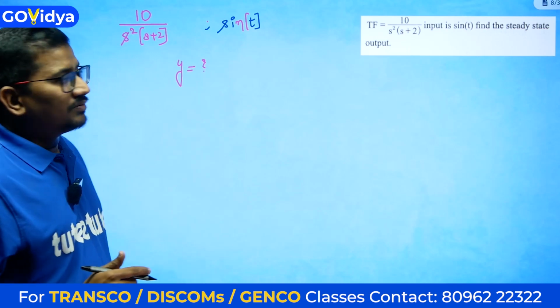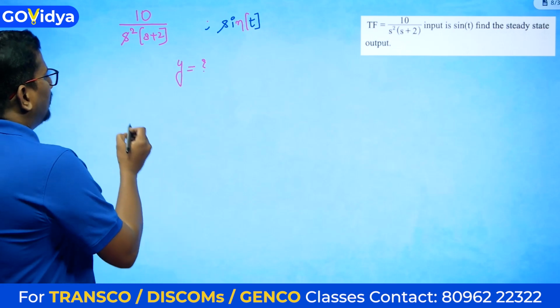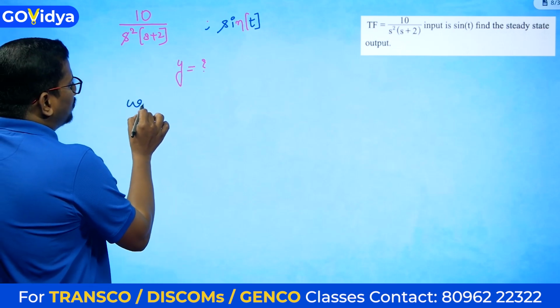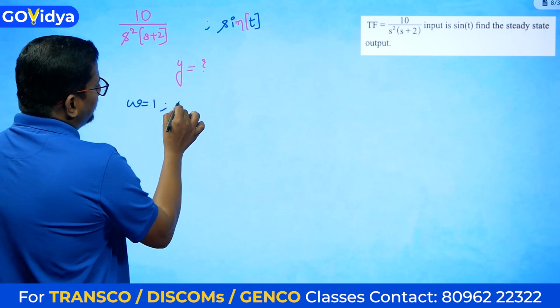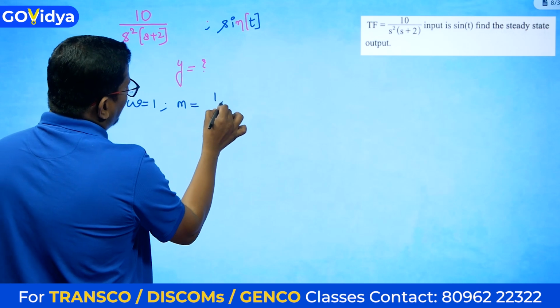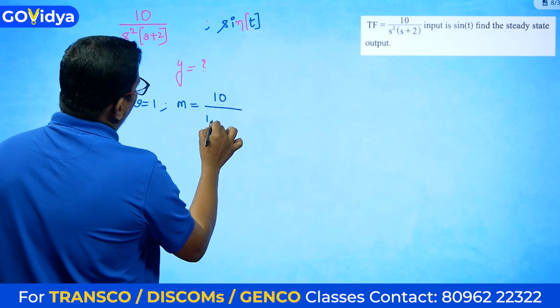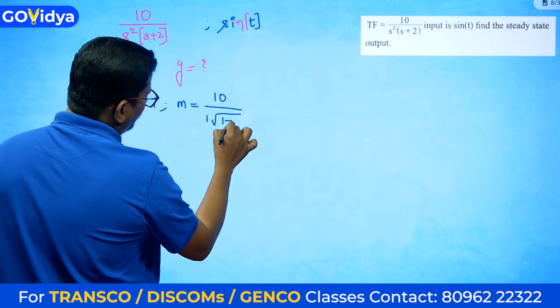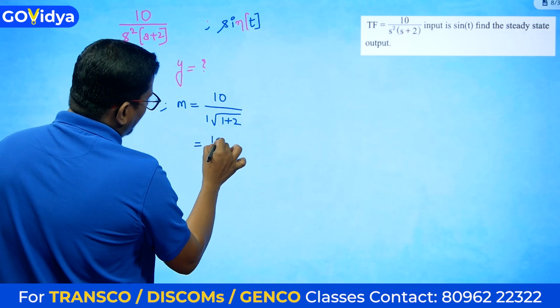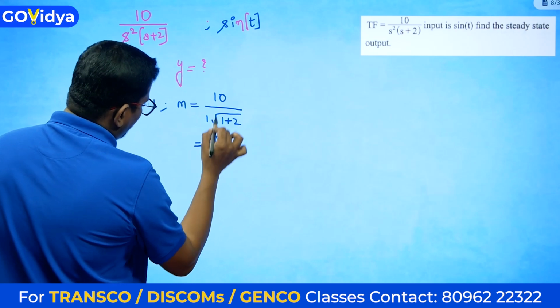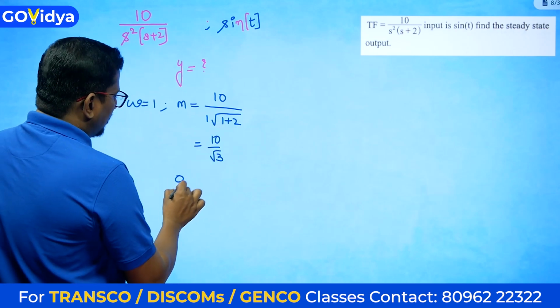General procedure, what will we do? Here omega is equal to 1, and what is its magnitude? We will write like 10 by 1 into root of 1 plus 2, which is nothing but 10 by root 3. What is the phase you got?